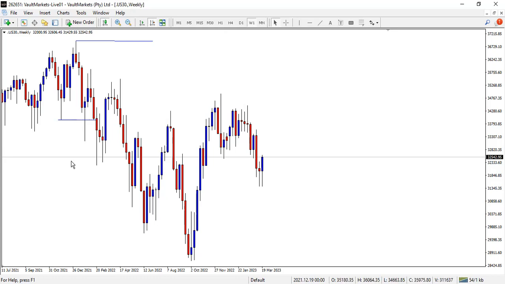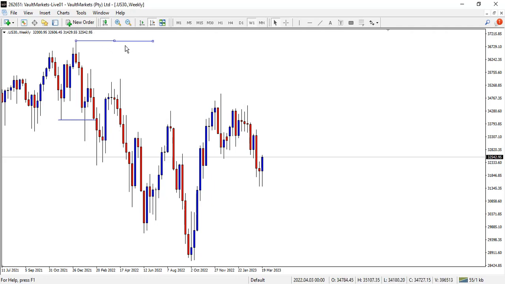I explained everything I'll say on my previous videos, this is just a recap. This is a technical break of market structure because we have a wick and then a candle that breaks the structure.